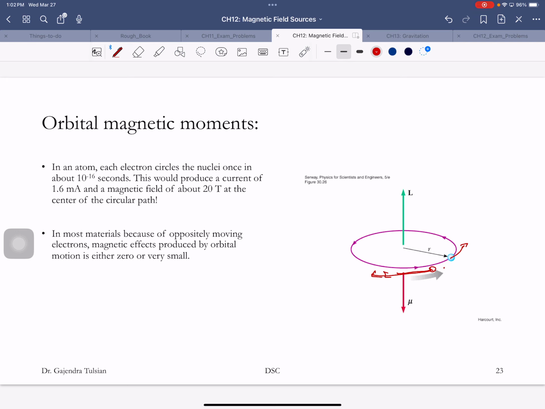And for atoms with an odd number of electrons, the last electron is in an s orbital, and for the s orbital, the magnetic moment is 0. So the orbital motion contribution is generally 0 in all atoms. In most materials, because of oppositely moving electrons, magnetic effects produced by orbital motion are 0 or very small.